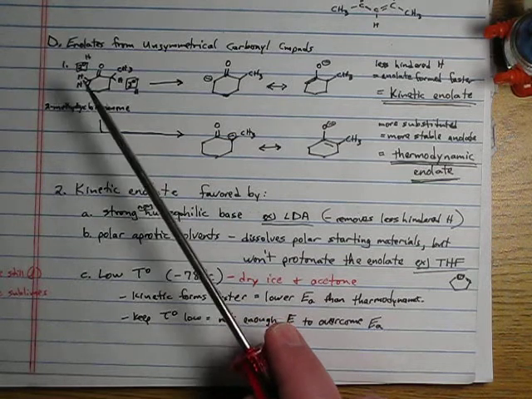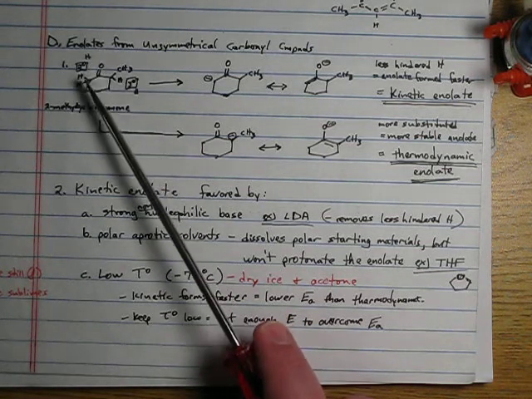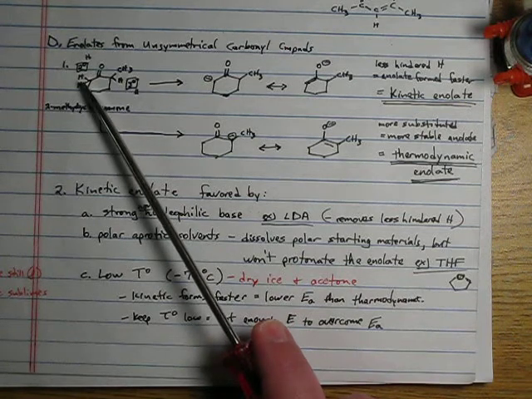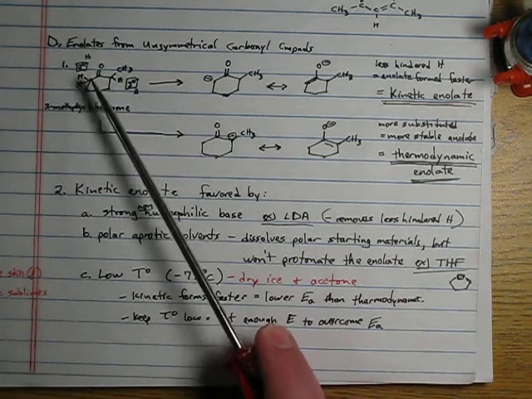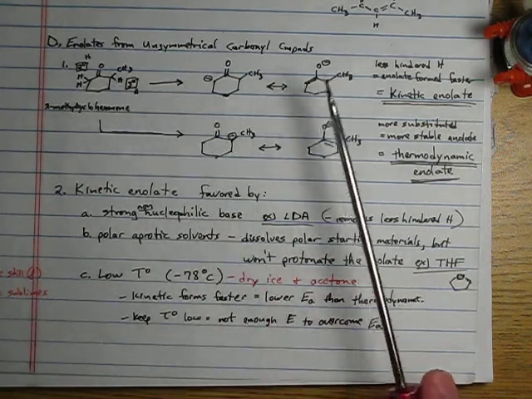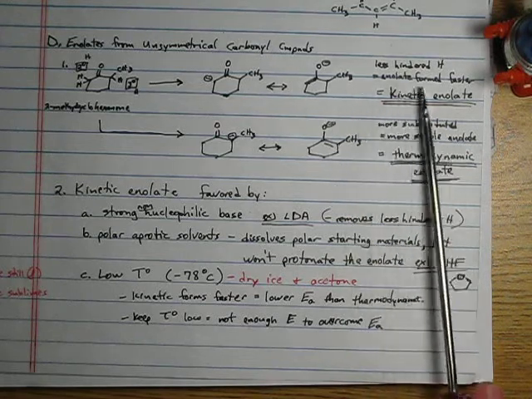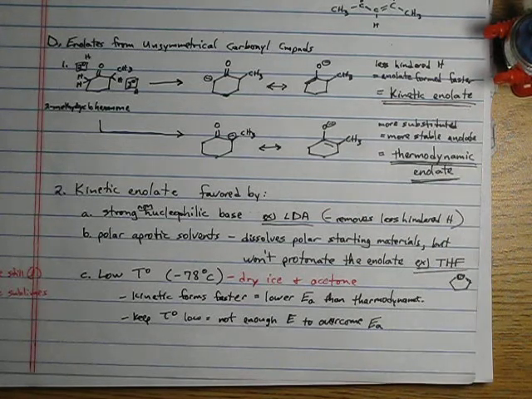Lower activation energy means faster reaction, which means the reaction of a base to snag one of these 2, due to steric hindrance and activation energies, is a faster reaction than coming in to snag this one. So this is our less hindered enolate.